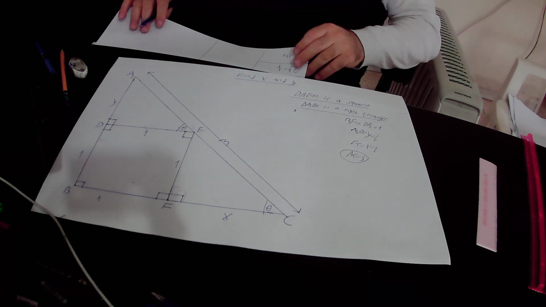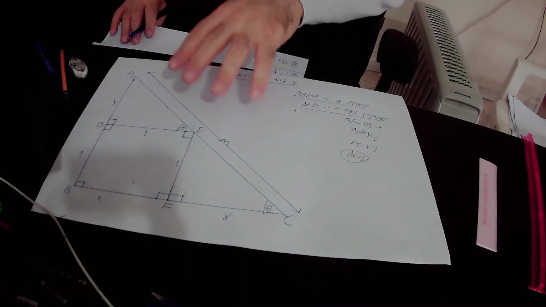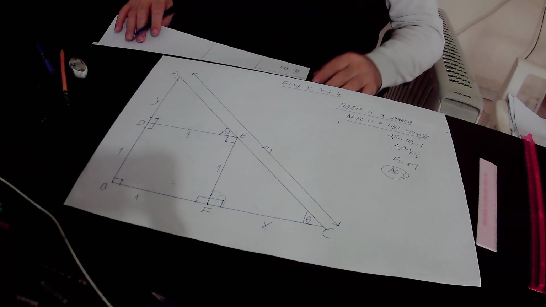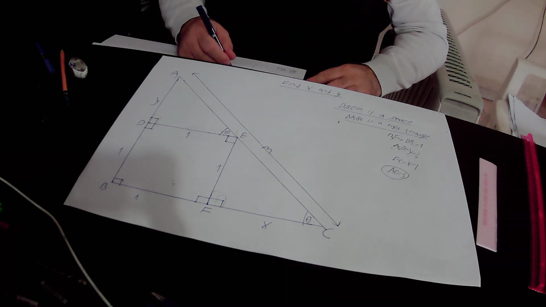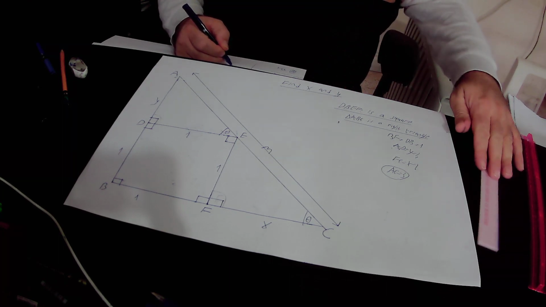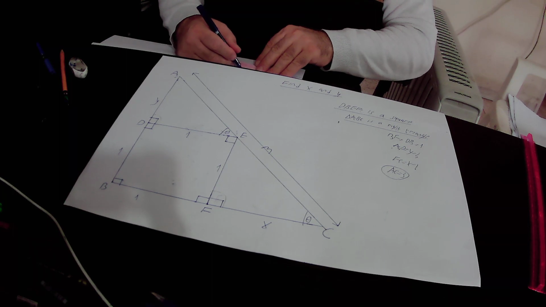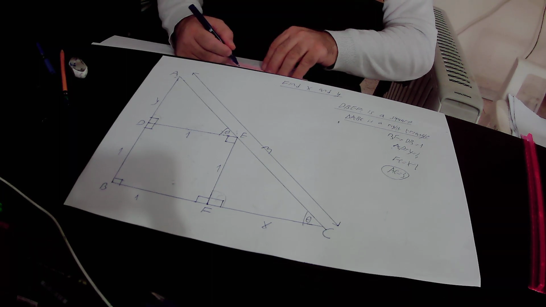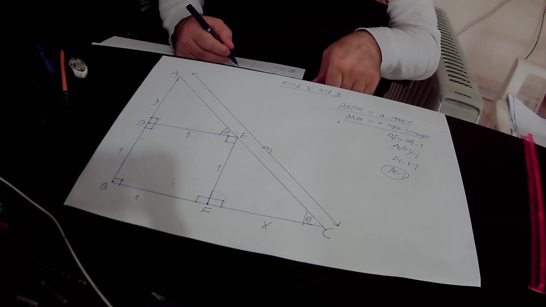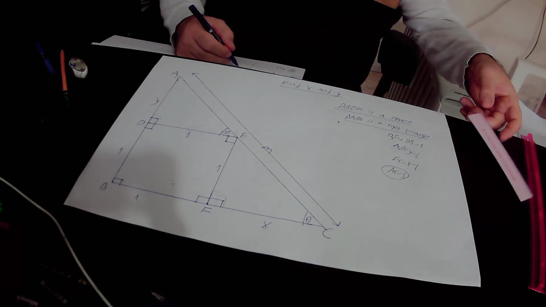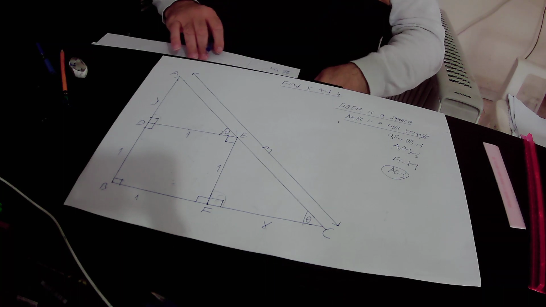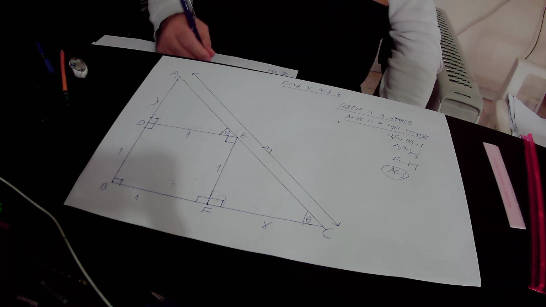In the next step, we'll focus on the right triangle, triangle ABC. In the right triangle, triangle ABC, the square of the hypotenuse equals the sum of the squares of the perpendiculars according to the Pythagoras theorem.